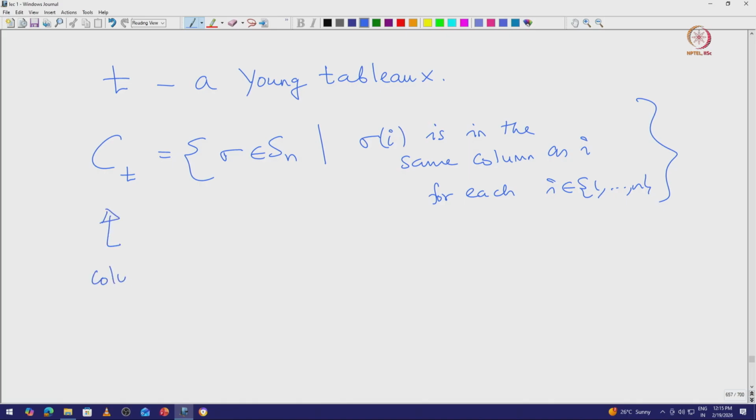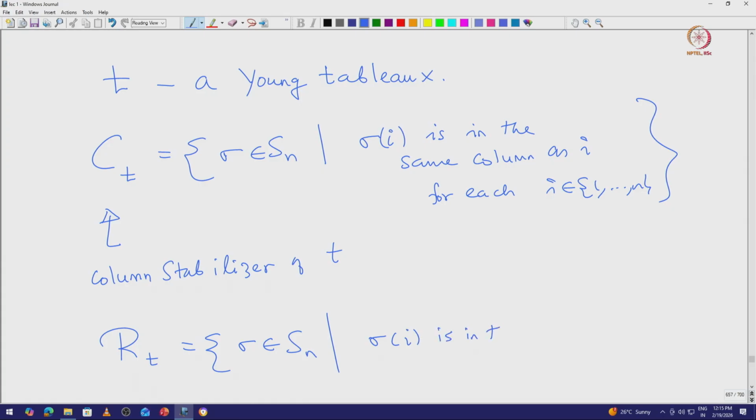Okay. So, this is what is called the column stabilizer of T. And similarly, one can also define what is called the row stabilizer, which is denoted by RT, which is by definition all possible permutations of Sn such that again sigma I is in the same row as I for each I from 1 to n.